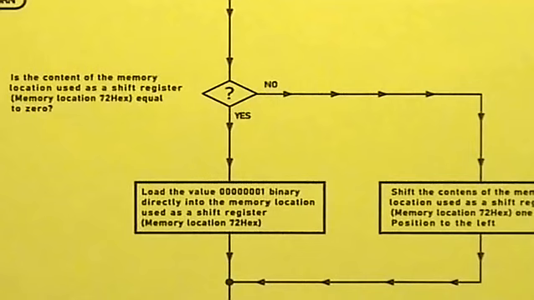If the memory location used as a shift register had the value 0, the binary value 00000001 is then immediately loaded into it.